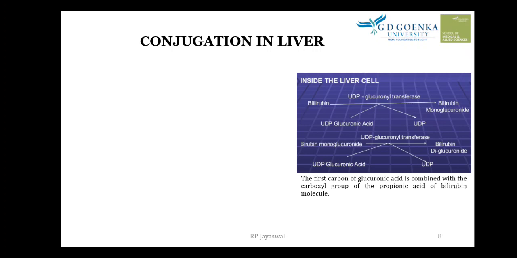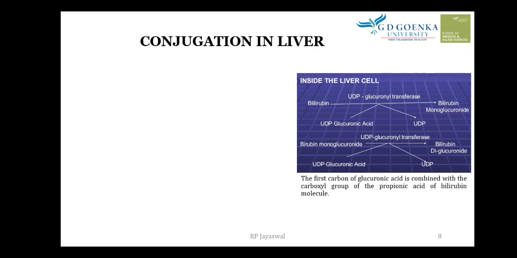Now bilirubin monoglucuronide again binds with another molecule of UDP glucuronic acid in the presence of the same enzyme, glucuronyl transferase, and we will get bilirubin diglucuronide, and UDP is released. So what happens to the first carbon of glucuronic acid?